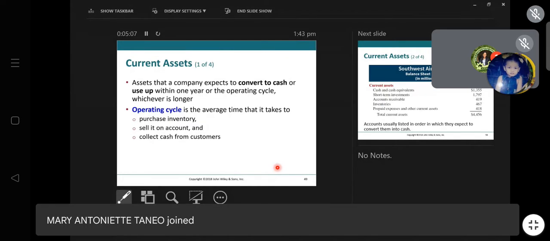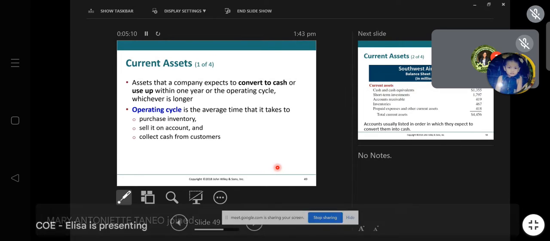Current assets are assets that a company expects to convert to cash or use up within 1 year. They are called current because we will use them within 1 year or the operating cycle, whichever is longer.